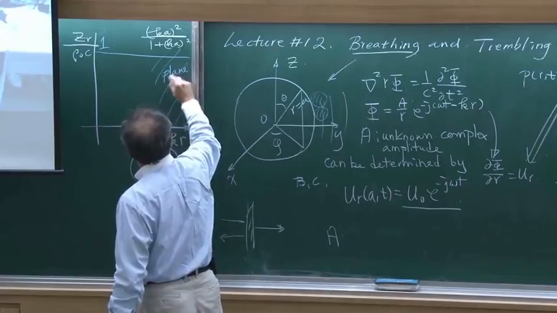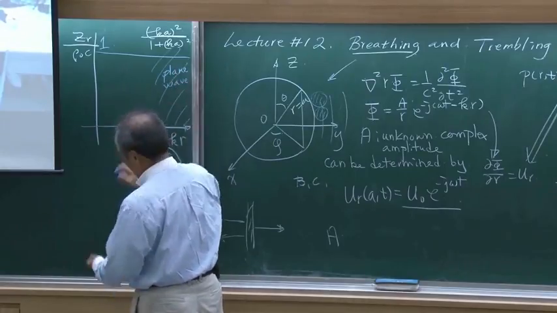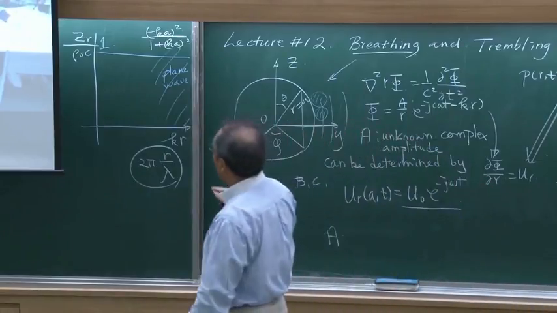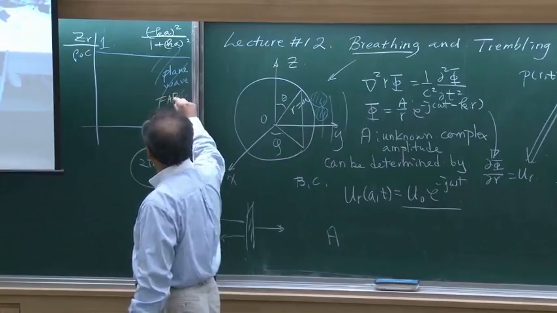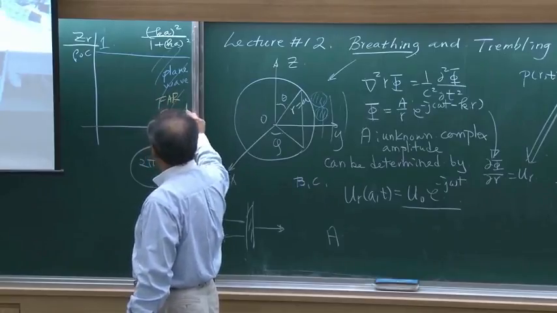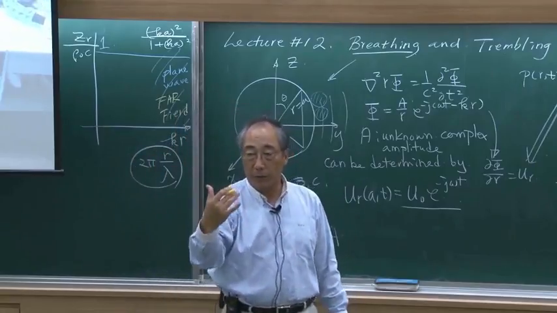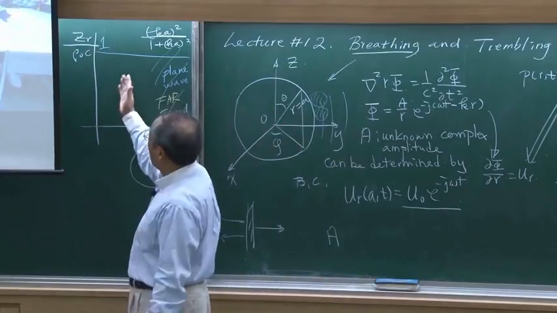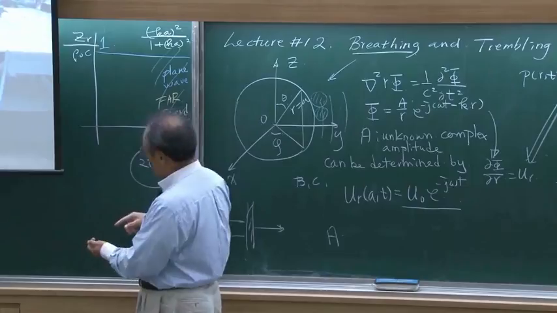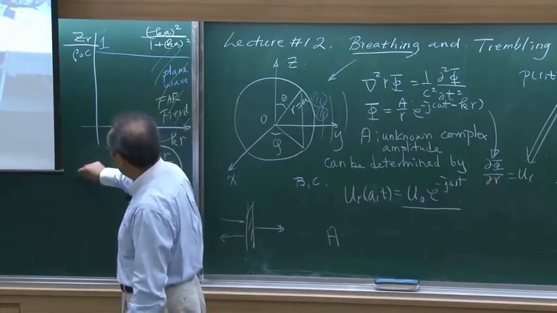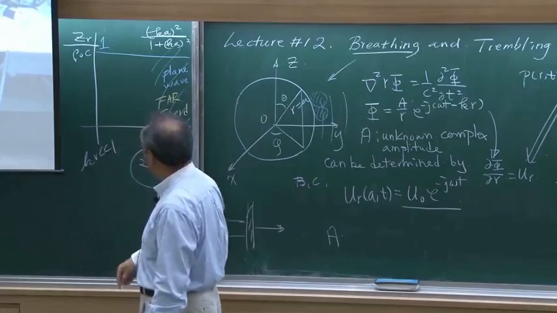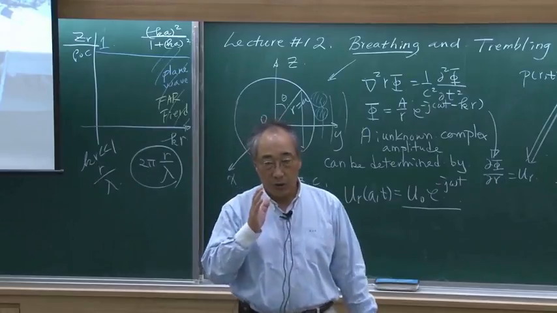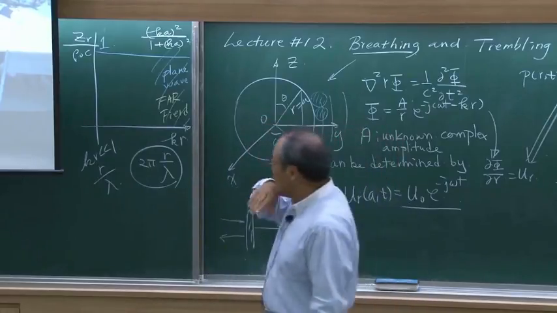So this is the plane wave region, or we use the important terminology that we call this field the far field. Far means I am far away from the center of the breathing sphere with respect to wavelengths, and very close to this point, when kr is very small, means that the distance is very close to the breathing sphere with respect to wavelengths.